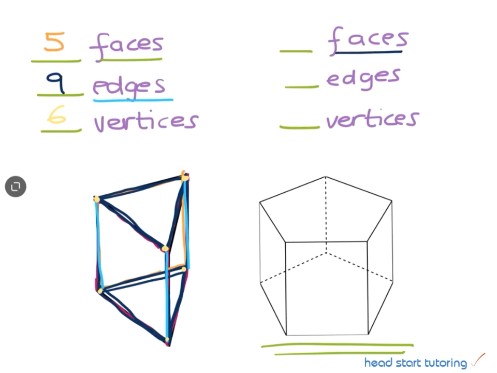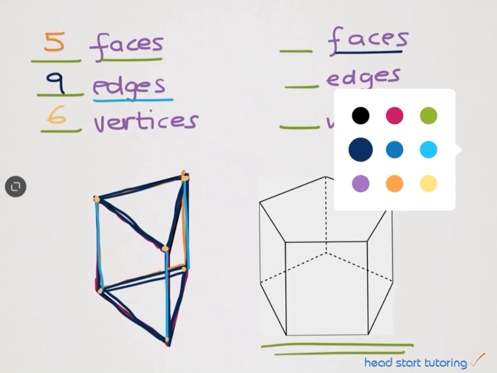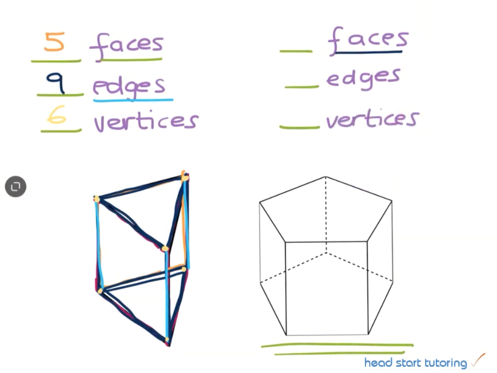How many faces does our pentagonal prism have? Let's first have a look at the bases of the pentagonal prism. If we would like to identify our bases, it would be this pentagon here. Okay, so there's our one base, and this pentagon over there.